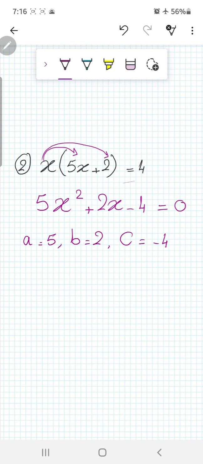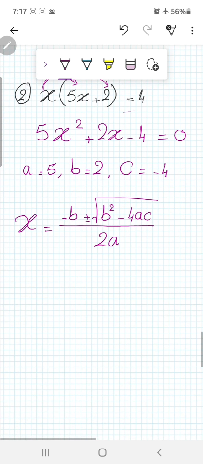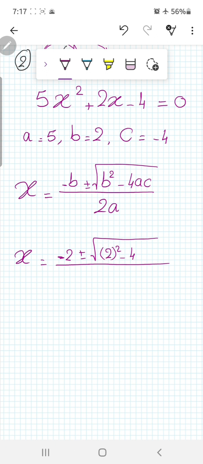Okay. Write the general formula, which is x equals negative b, positive or negative square root of b power 2 minus 4ac, over 2a. Direct substitution. So x equals negative b, it means negative 2, positive or negative, b power 2, 2 power 2, minus 4 times a, 5, times c, negative 4, over 2 times a, which is 5.